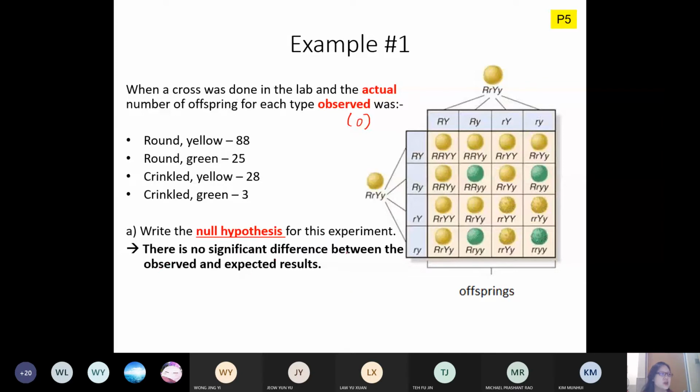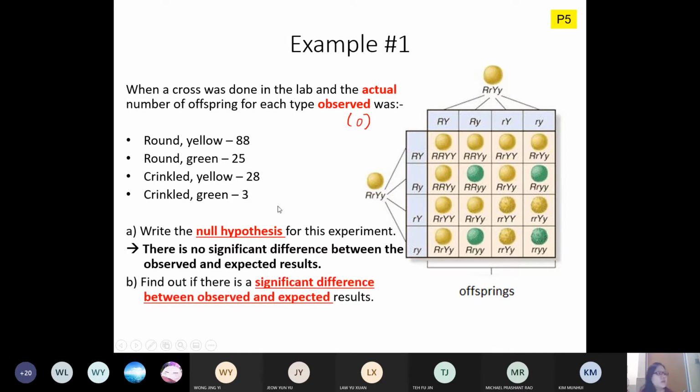There is no significant difference between the observed ratio of different phenotypes and the expected ratio of different phenotypes. You can say that. But of course, opt for the easier one in this case for chi-squared: the observed and expected results.